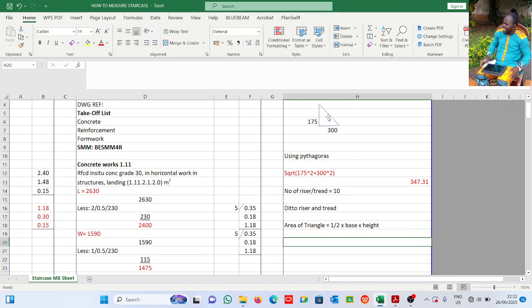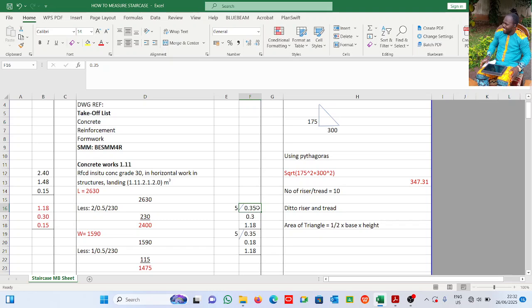The height is the slant height now, not this height, but the slant height. So this is 0.35, the slant height, times the base, which is 0.3, times 1/2, the same thing.